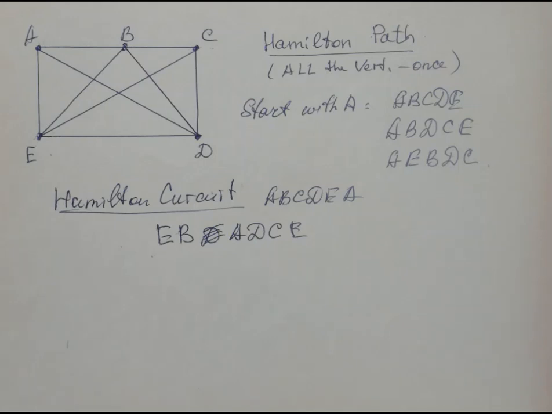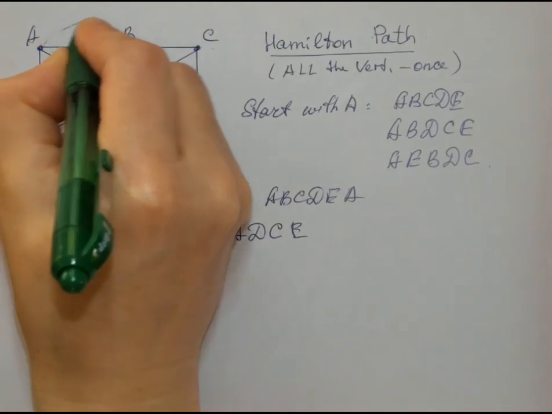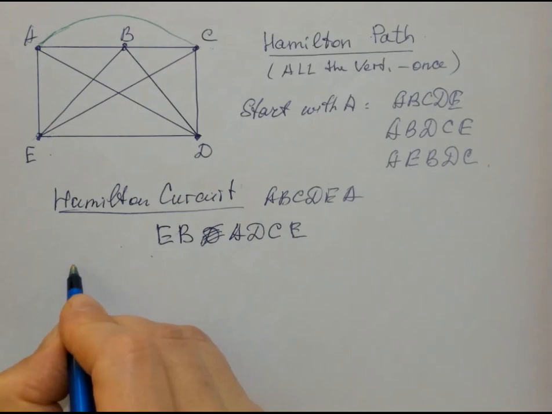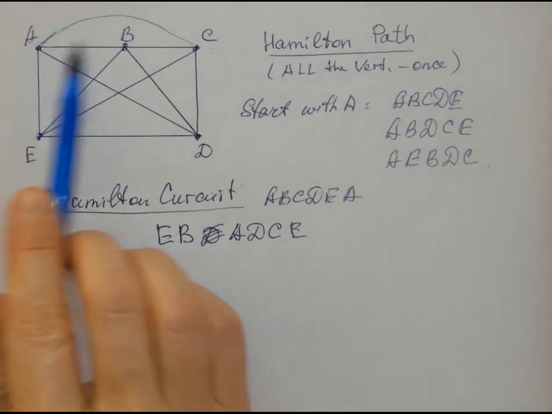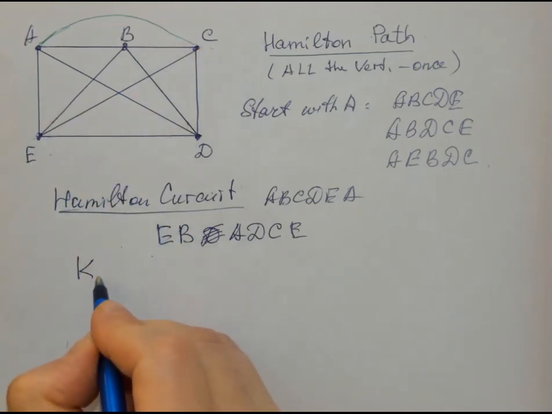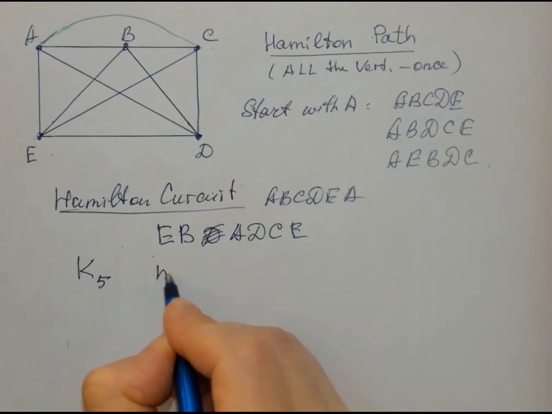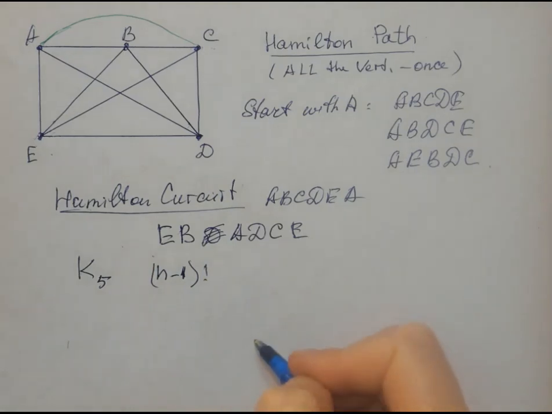In a complete graph, there is a line connecting every vertex with every vertex. Like this. So now we have a complete graph. Such a graph is called K, and depending on the number of vertices, here we have 5, we have n minus 1 factorial different paths or circuits.